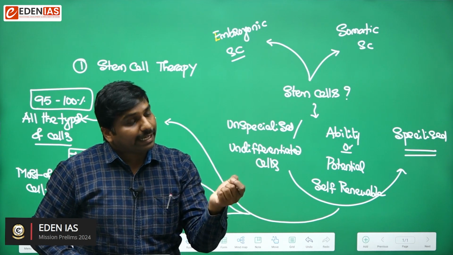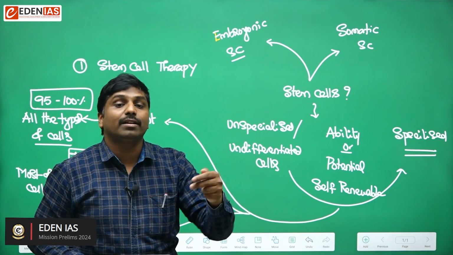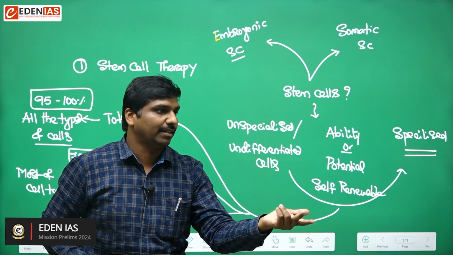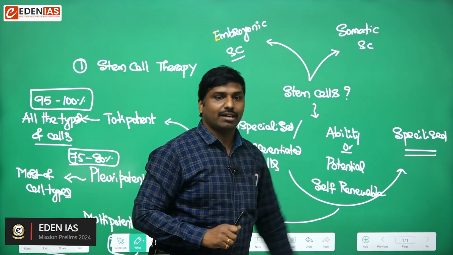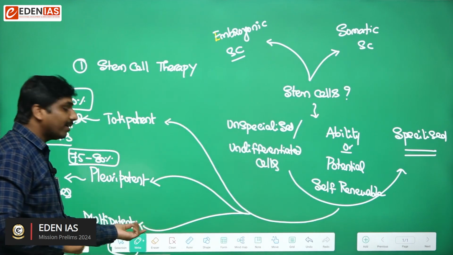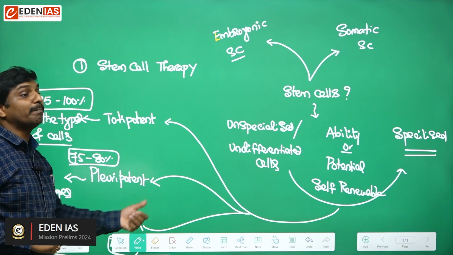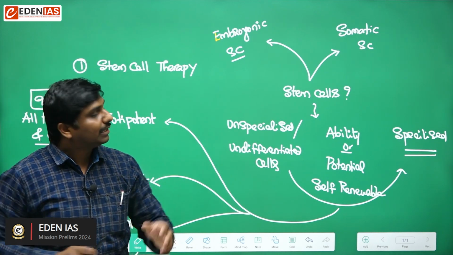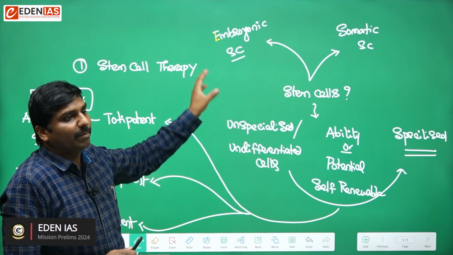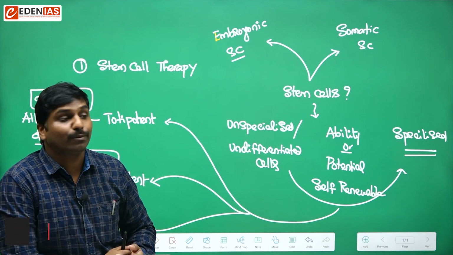There can be a specific stem cell to develop liver cells. So a somatic stem cell would be related to a particular organ, and from that point of view we can say it comes under multipotent stem cells. This is some of the information related to stem cells.